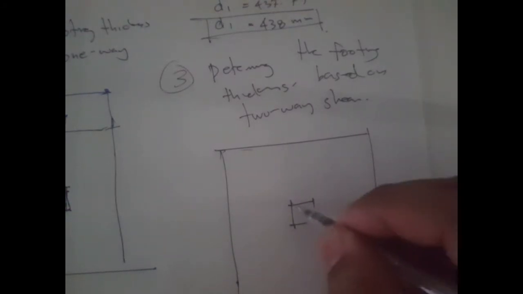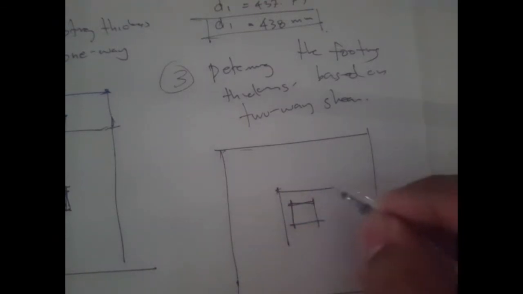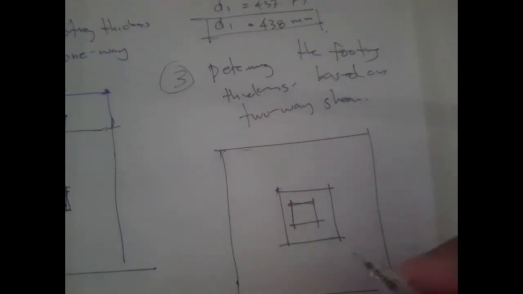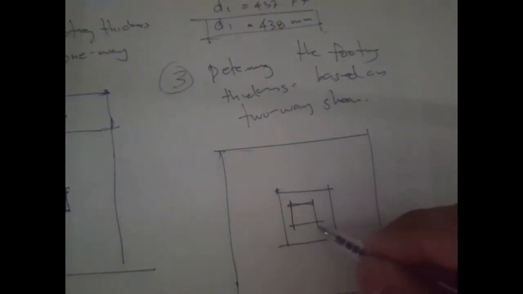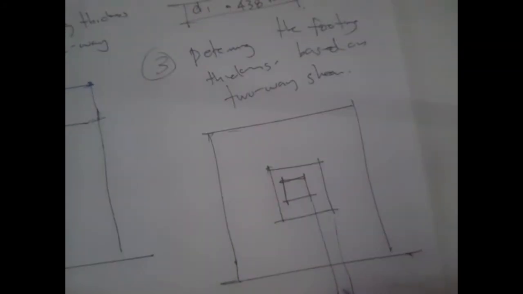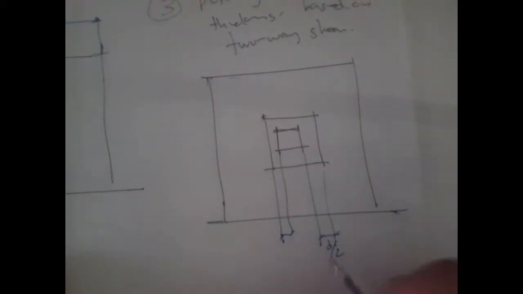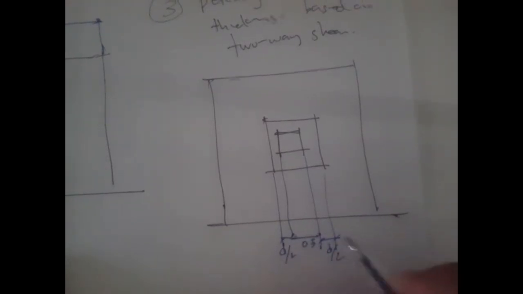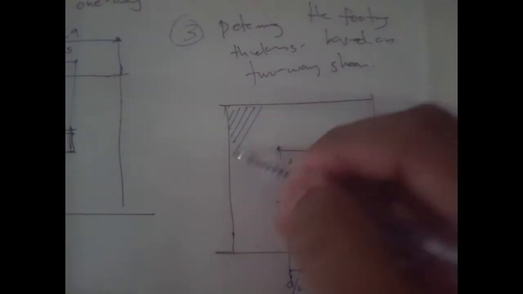So this is our column, and then we have this critical section at a distance d over 2. From this face of the column to this portion, we have d over 2, and this one is also d over 2, and this one is our 0.5. So this is our tributary area.